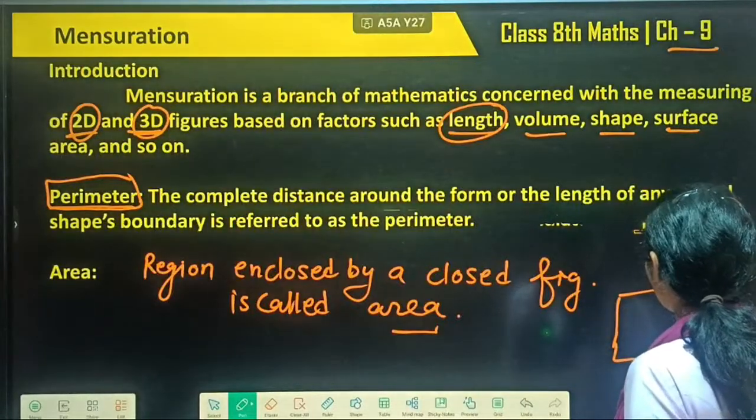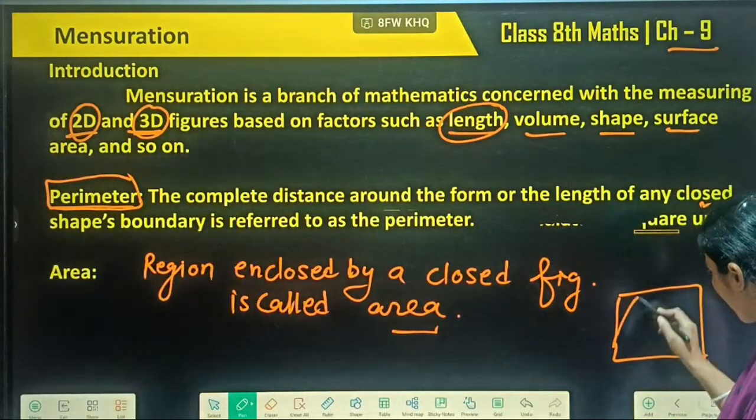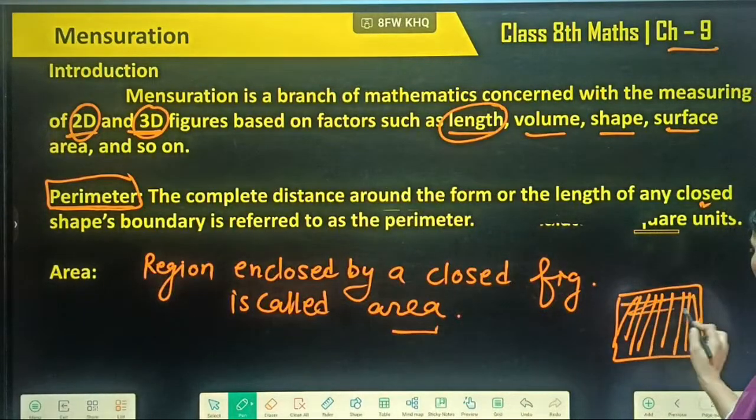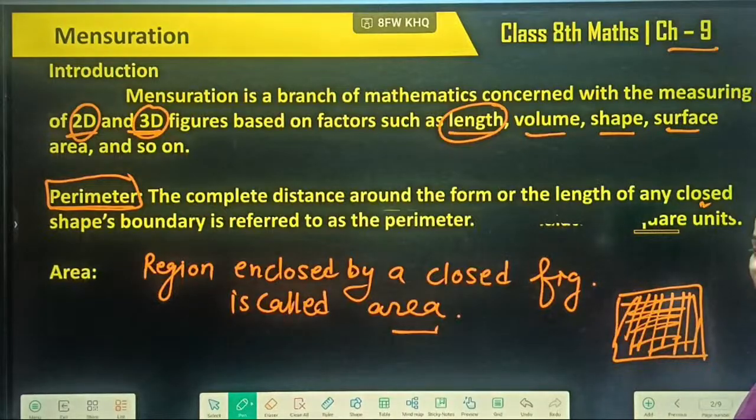Suppose this is a closed figure and this is the region bounded by this closed figure. This portion is called its area.